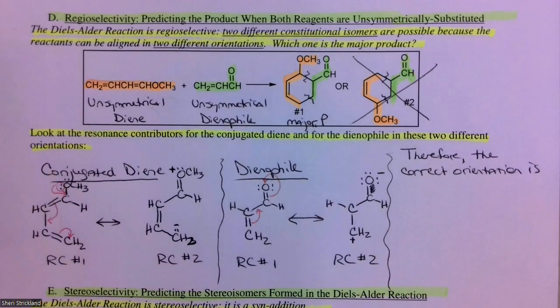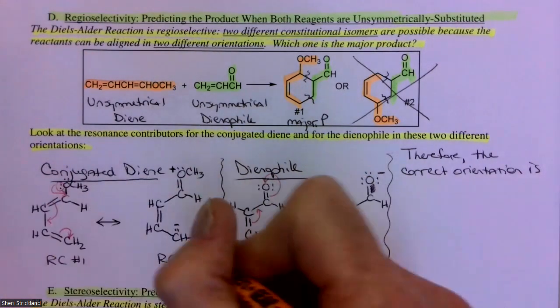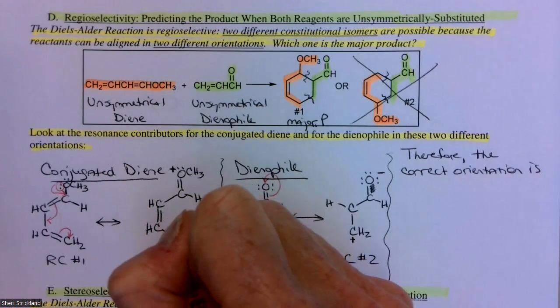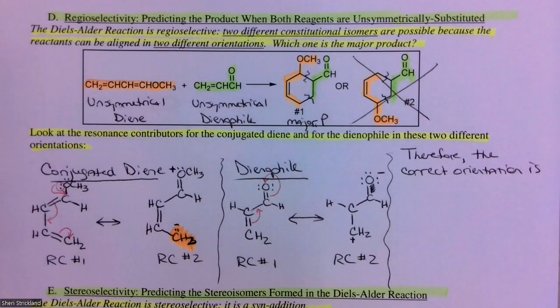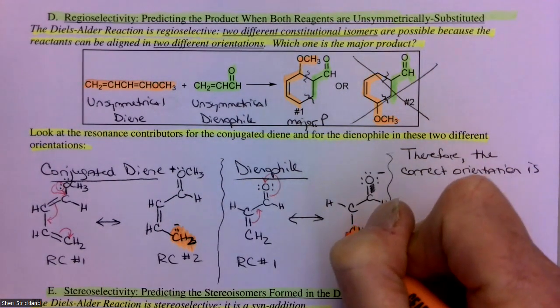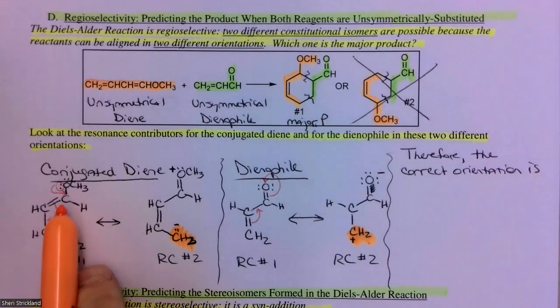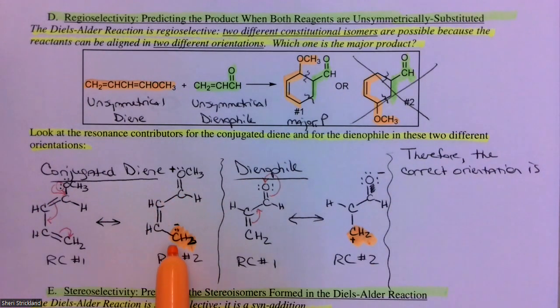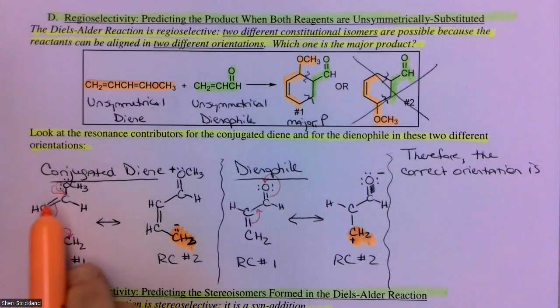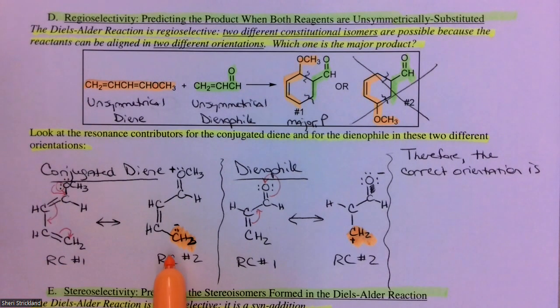What I want to do is look at the atoms that are down at the bottom here. So here you see how we've got a negative charge there, and we've got a positive charge here. I'm looking for the atoms in this conjugated system of the conjugated diene where I have a charge on one of those.